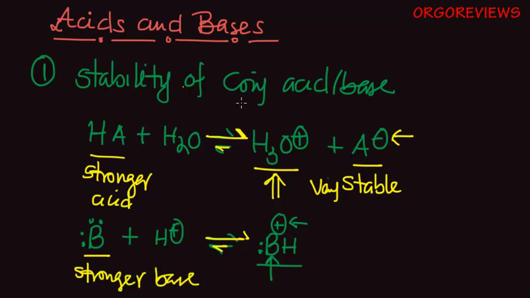So that is how the stability of a conjugate acid or base relates to the strength of an acid or a base. In either case, the conjugate acid or base that is produced needs to be stable.